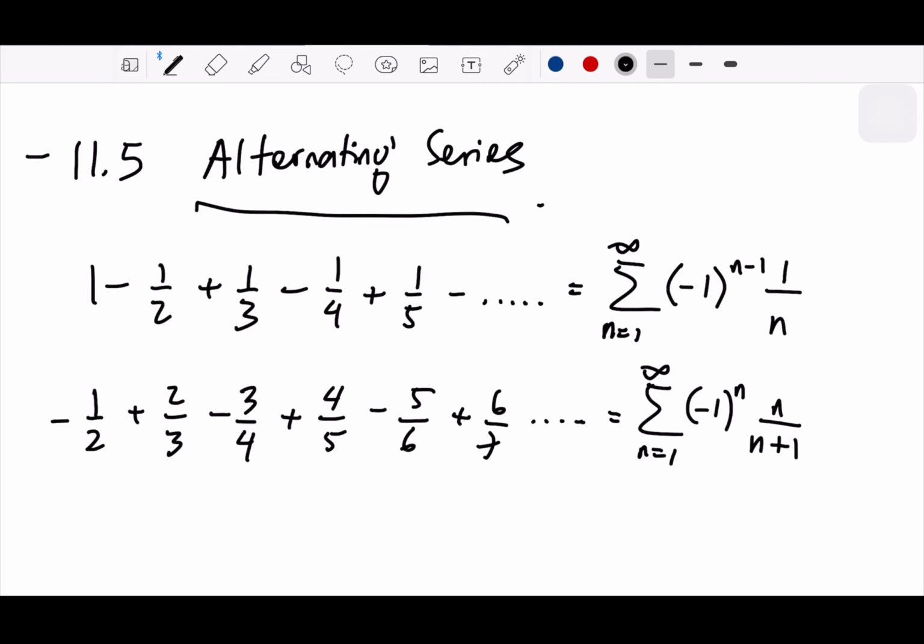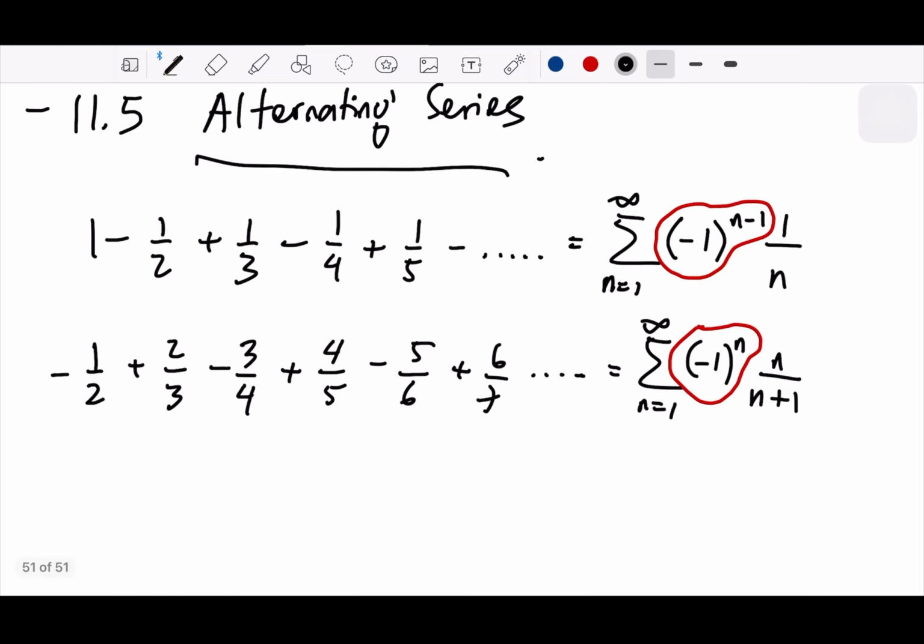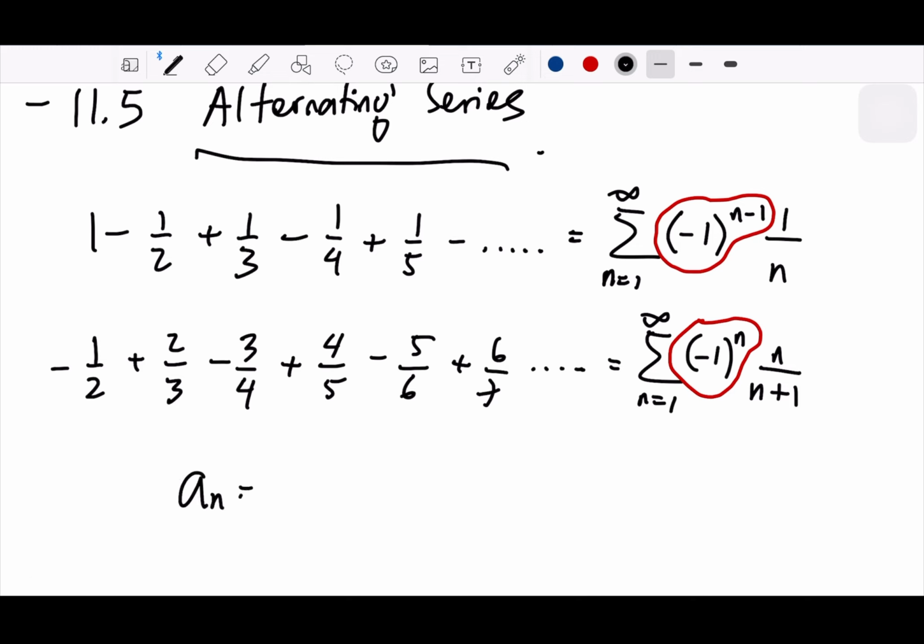At least from these two examples, we can identify the alternating series from this -1, right? From this formula here. So either the AN will be -1 to the power n minus 1, and then the rest, let me write it as Bn, it can be any sequence.